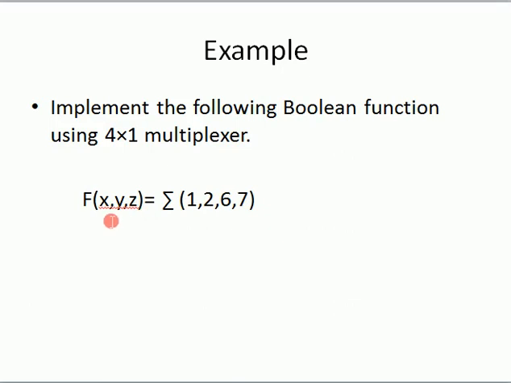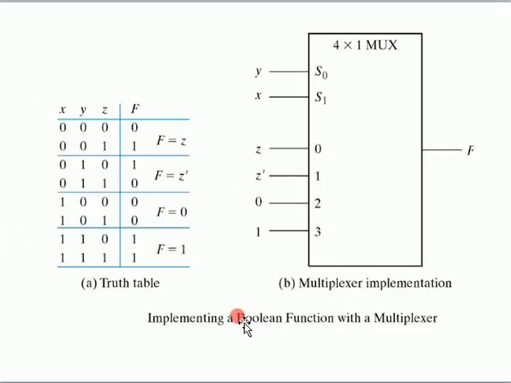There will be 3 minus 1, that is equal to 2. So 2 select lines will be here. Here we will implement this circuit.